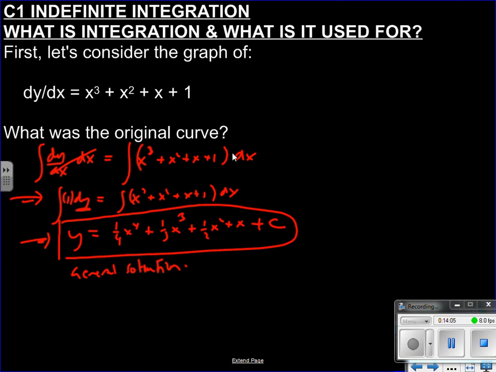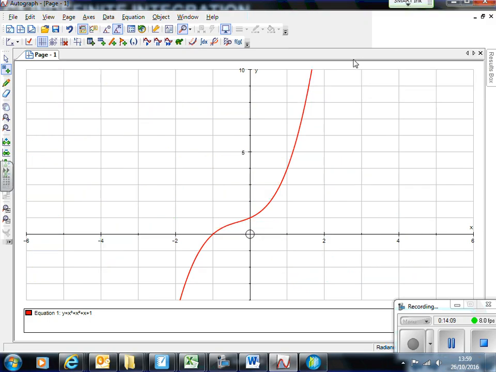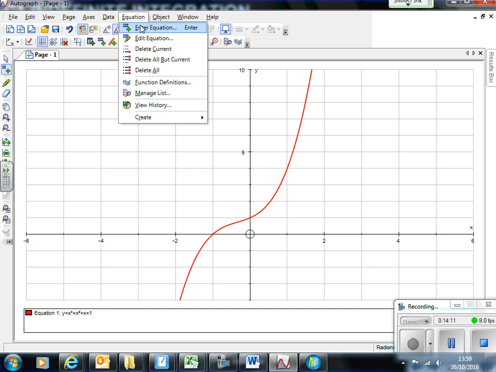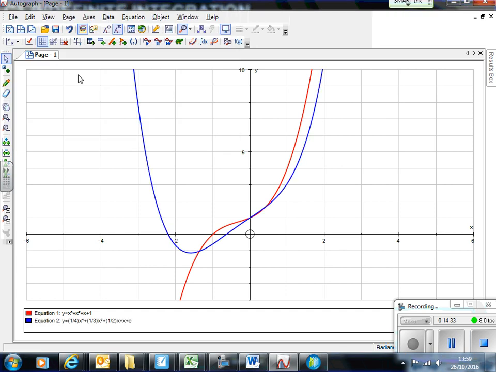i.e., if I go back to my curve, clear all the ink, if I type in that function, so y equals a quarter x to the 4 plus a third x to the 3 plus a half x squared plus x plus c, this is my original curve.